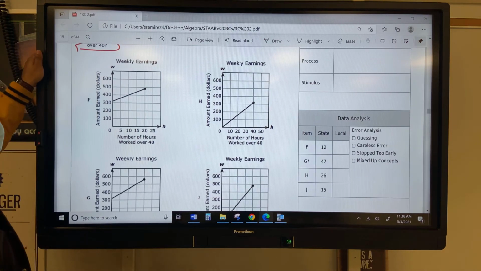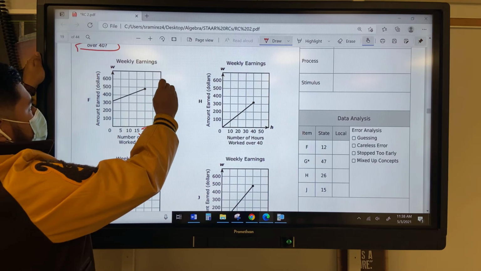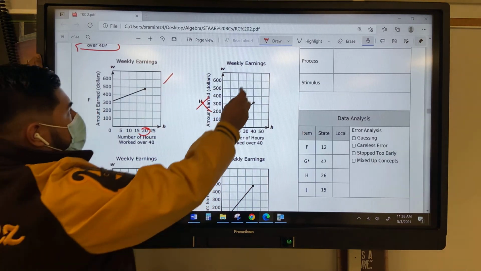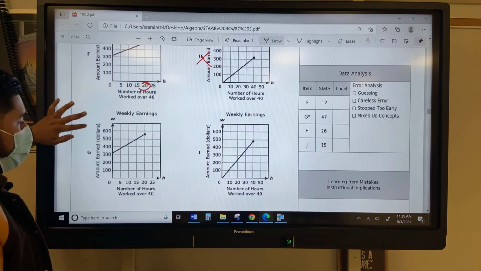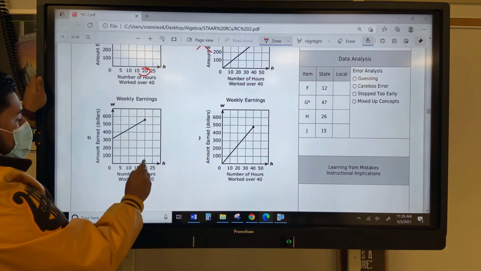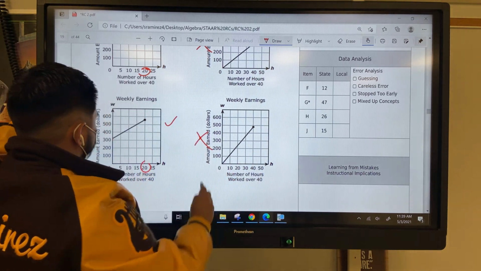So right here, I'm looking for 20s. This looks okay. This one's 40, not okay. 20, okay. 40, not okay.